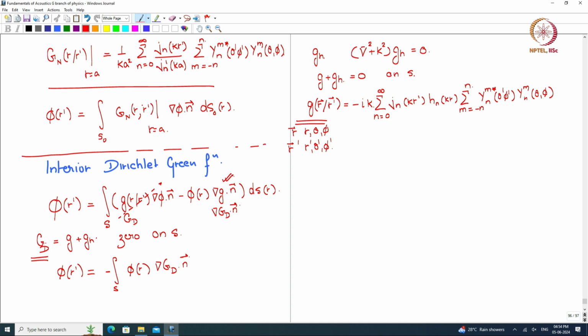So now what we have to do is find a GH. We have to find a GH, and it's done intuitively.